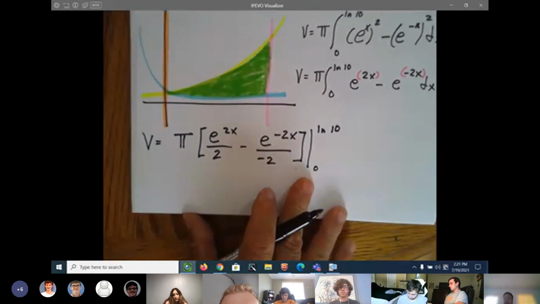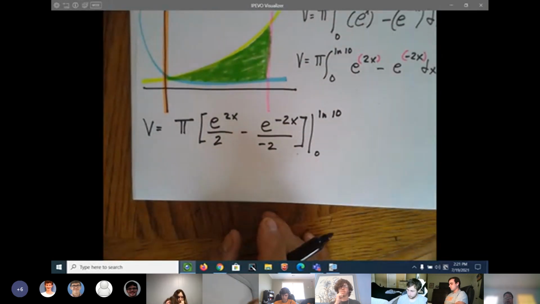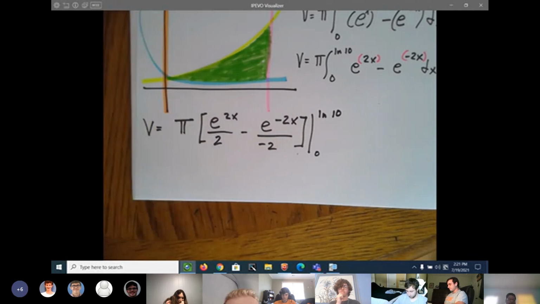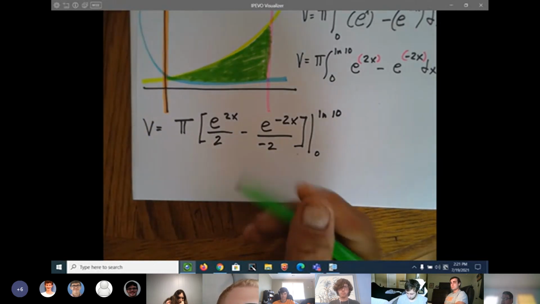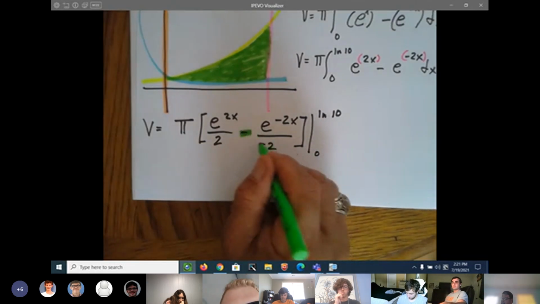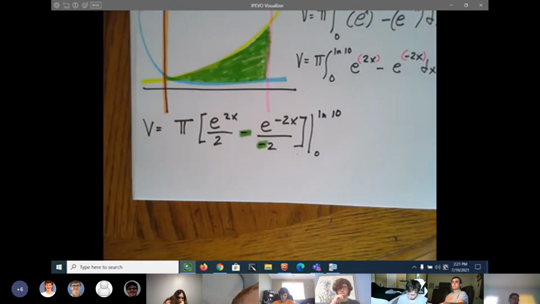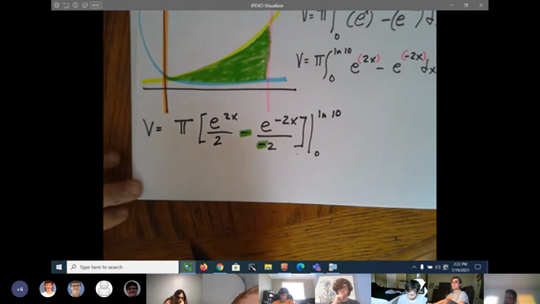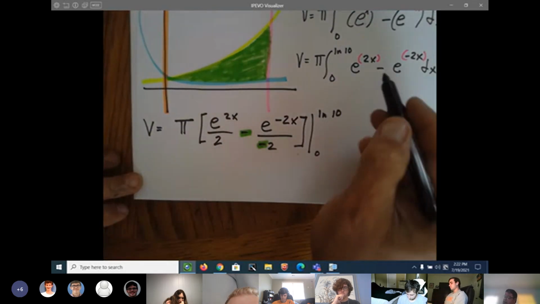And the only other thing we can do before we can start is, what happens to those two negatives? They turn into a positive. Yep. So this is your setup.